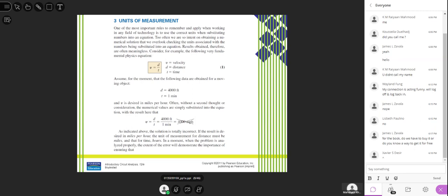So the unit for the velocity can come from the unit of the distance divided by the unit of time. So if the unit of distance is defined by foot, and the unit of time is defined by minute, the unit that you have for the velocity is foot per minute.